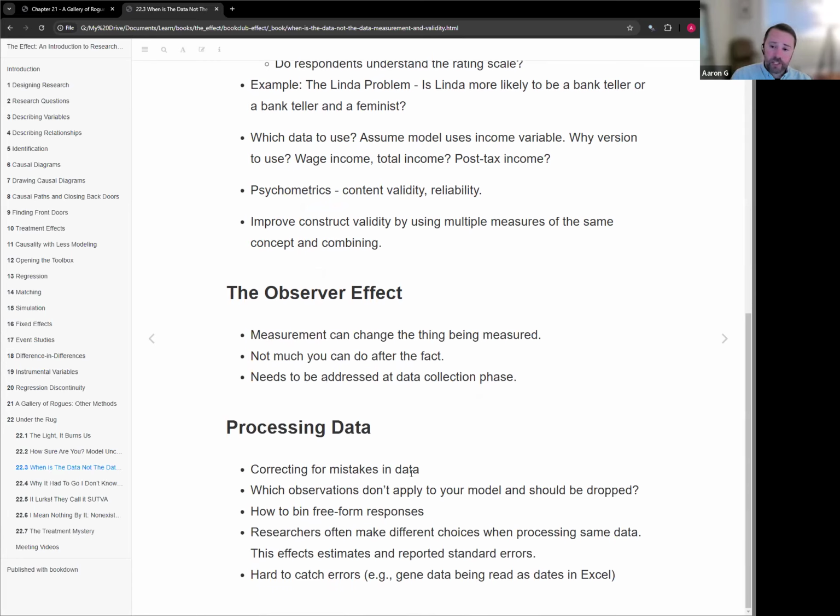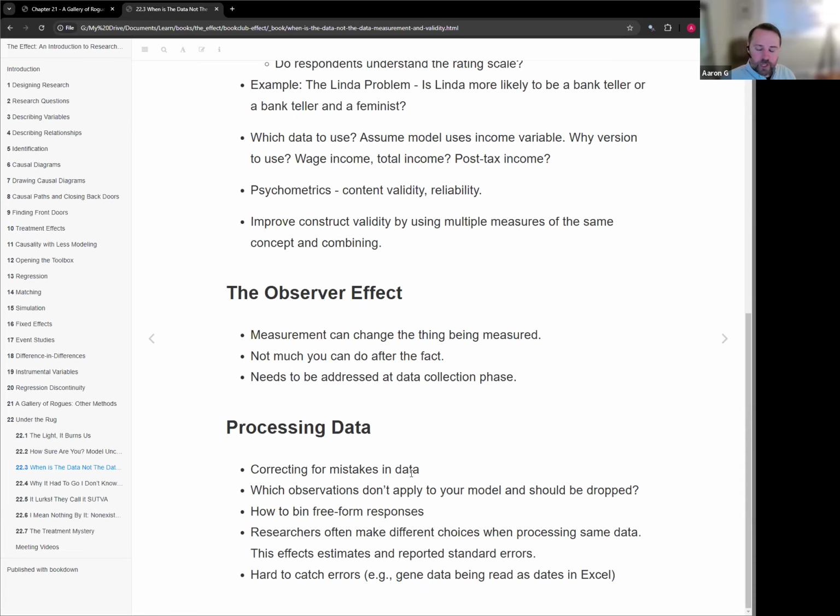There's the observer effect, which I think most of us have probably heard of at one point in time. This comes into play in particular when you're dealing with people, when you're measuring things people do. If you're an economist or a sociologist or in any social science field, when folks know they're being observed, their behavior changes. Sometimes because they want to behave in a way that the researcher expects.